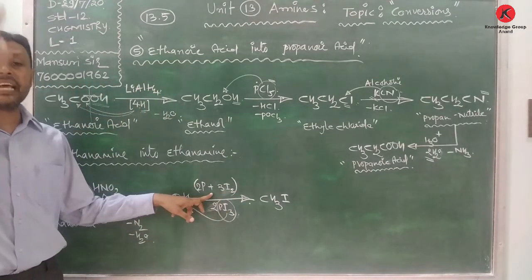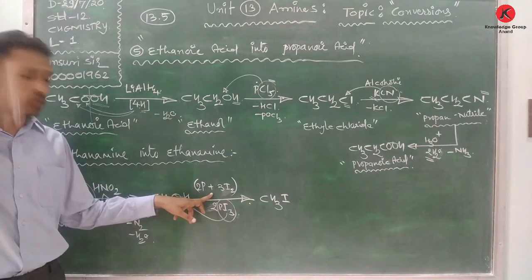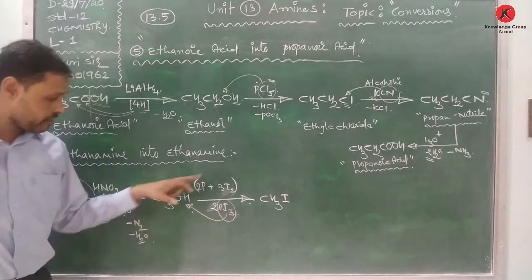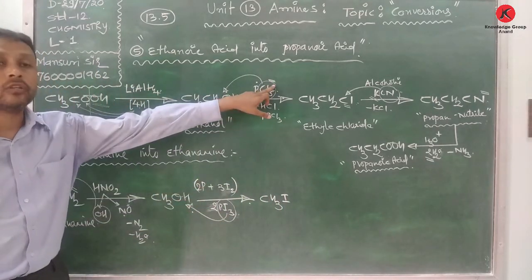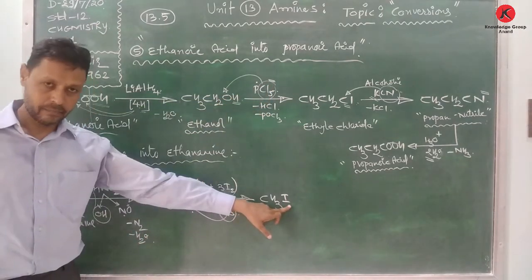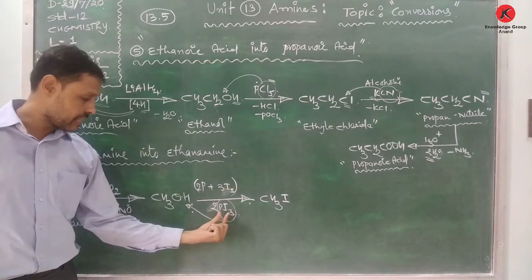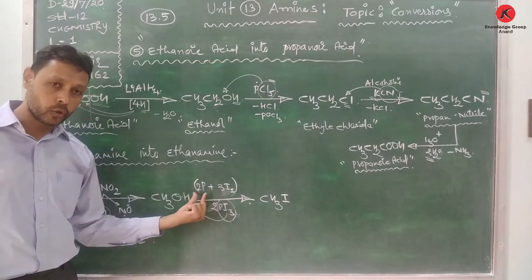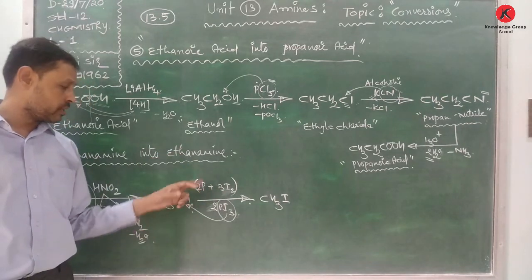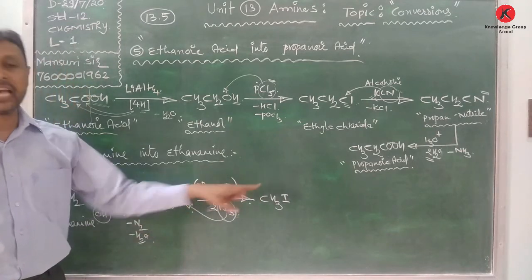Here you can use PCl3 as well as PCl5 as well as SOCl2. Then halogenation is taking place. If we are using PCl5, you can make CH3Cl, but I want to make iodide, something different. That is why I put 2P plus 3I2. So we can say that when methanol reacts with the mixture of phosphorus and iodine, we can obtain methyl iodide.